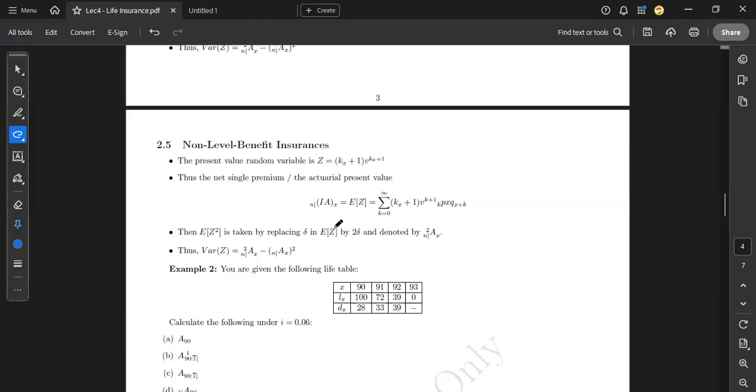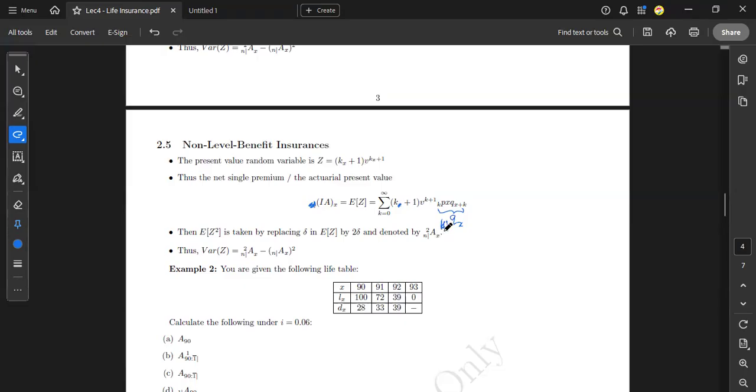That means, for an example, suppose we remove this one, then this is annually increasing whole life insurance where the benefit is paid at the end of the policy year, and we multiply k plus 1 with v to the power k plus 1, and this is the deferred death probability from x, survive to k, and death occurs within the next year.